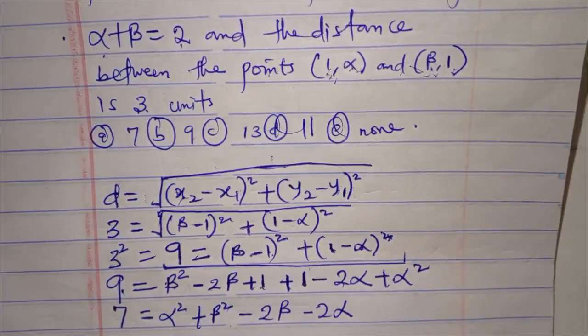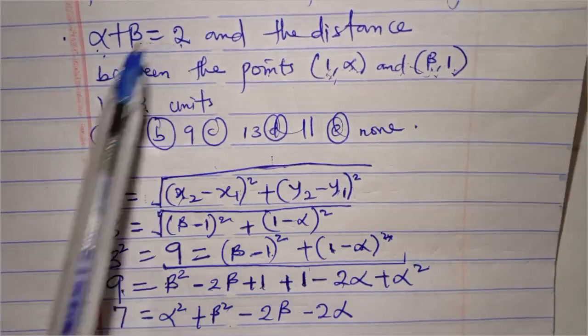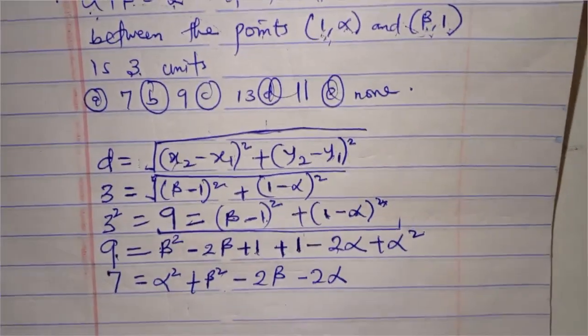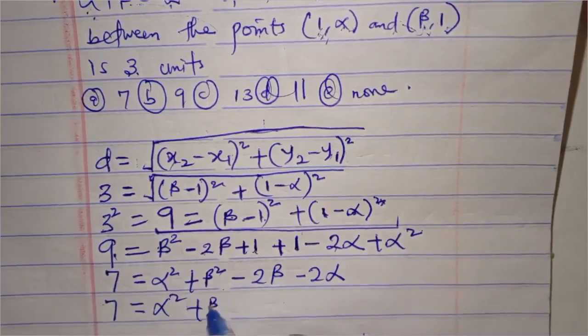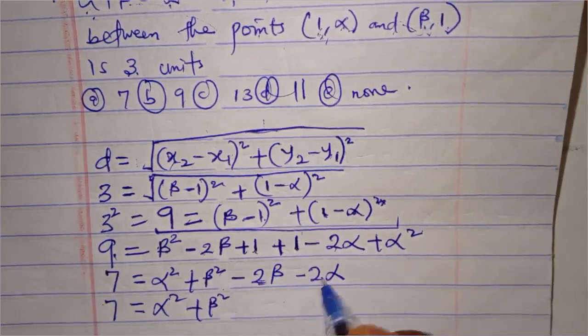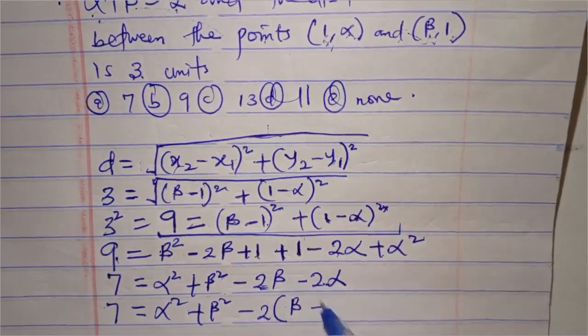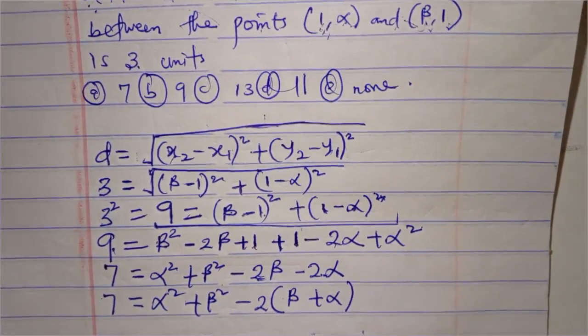But the question gave us the value of alpha plus beta, and that's 2. It says alpha plus beta equal to 2. So see something. This is 7 equal to alpha squared plus beta squared. Minus 2 is common to both of these terms. So if I bring minus 2 out, I'll be left with beta plus alpha, which is the same thing as saying alpha plus beta.